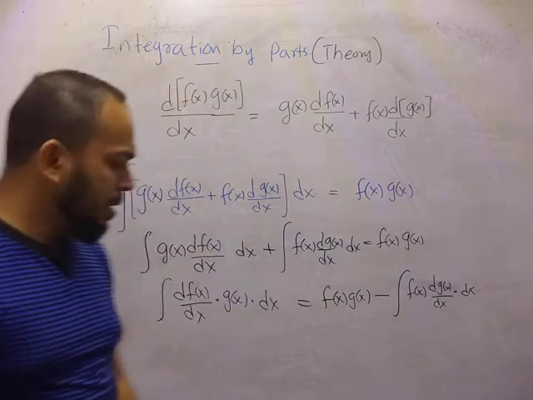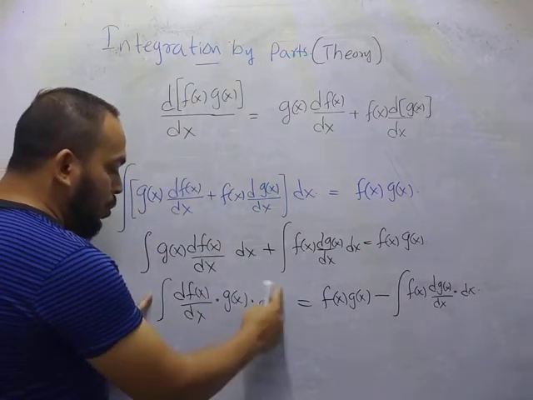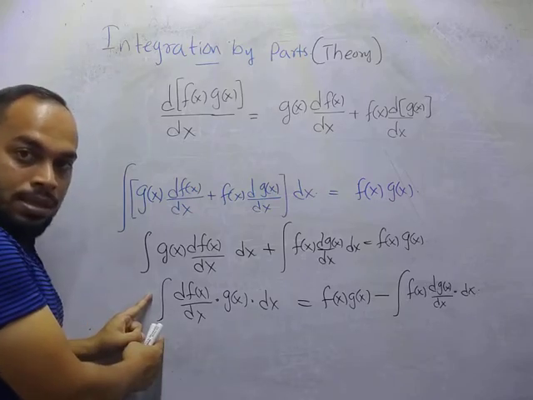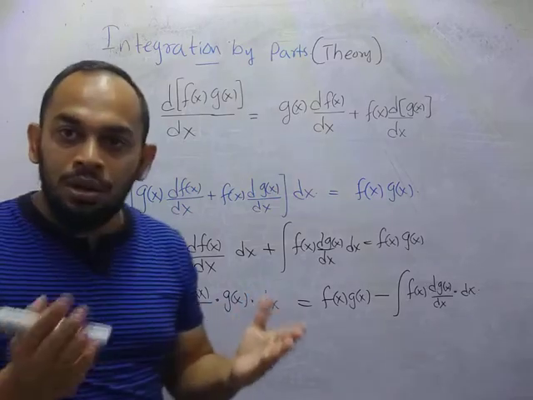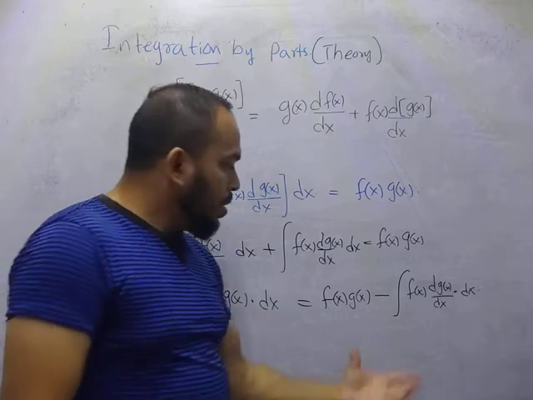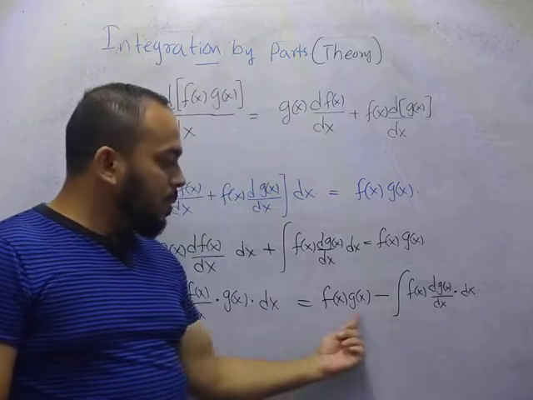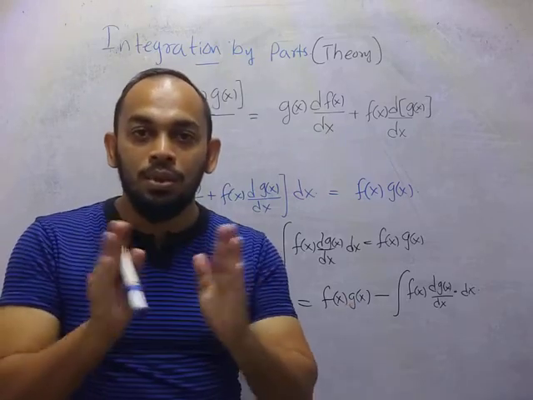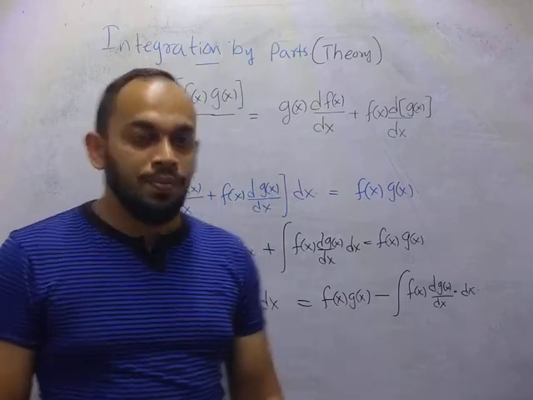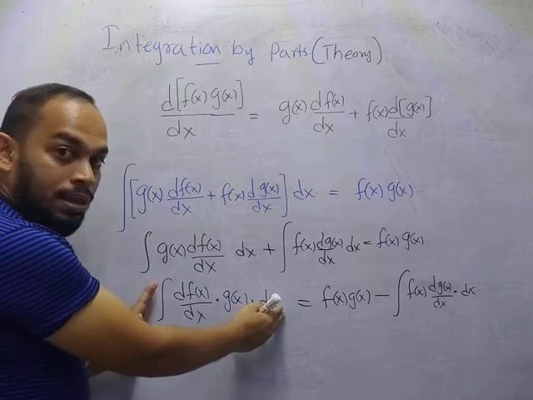So notice here, if you want to integrate this, and if you can't do that, instead you can integrate this integral and get the difference between these two. Those are two equivalent things, right? Suppose you can't integrate this one.